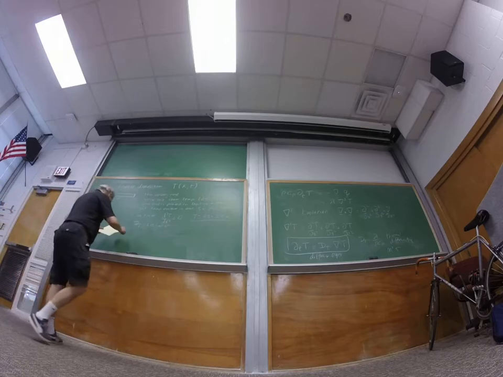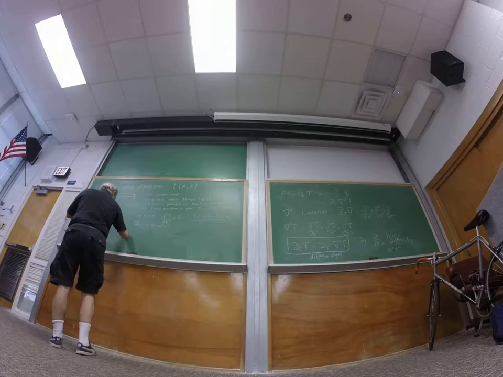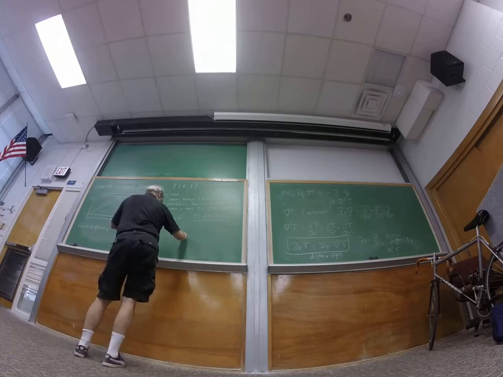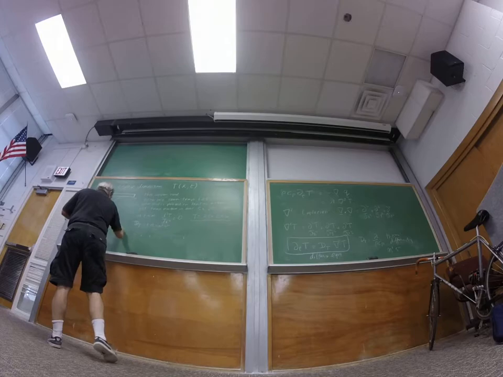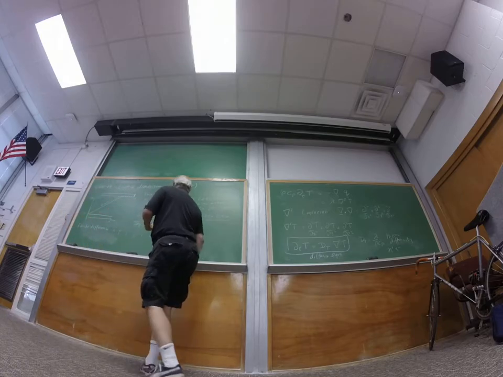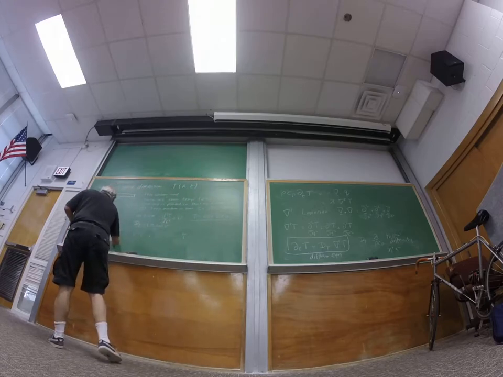So we're going to take the bar and divide it up into little domains. So this would be x equals 0. This will be x equals 30. And here we have T equals 25.